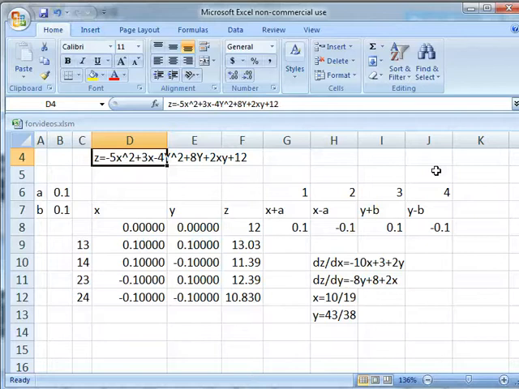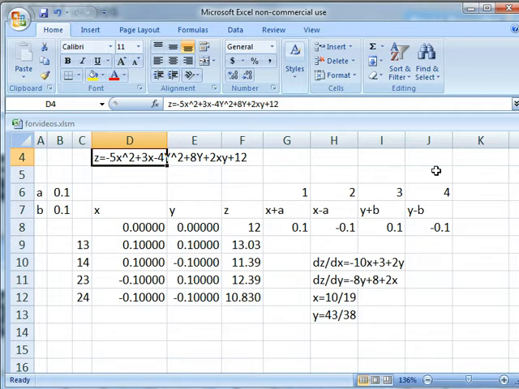And we can solve the problem of finding the maximum of this function using calculus by computing the partial derivative of z with respect to x and the partial derivative of z with respect to y, making those equal to 0, and then solving the set of equations that come out of that.